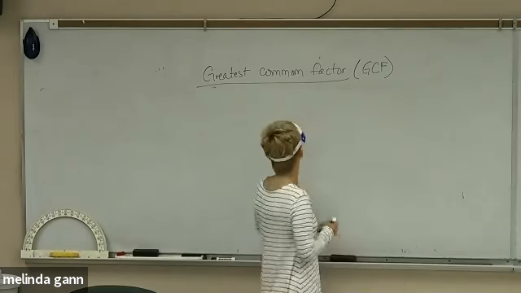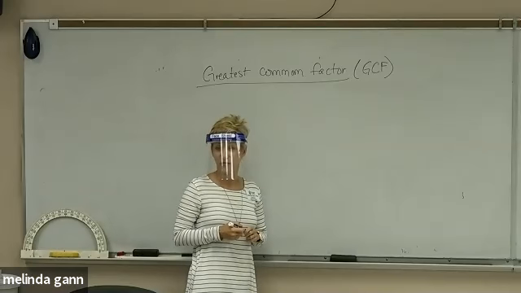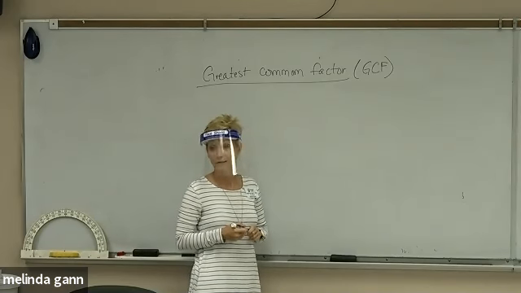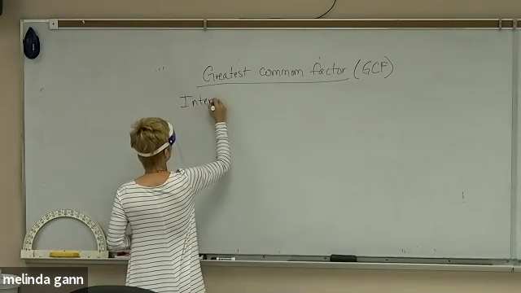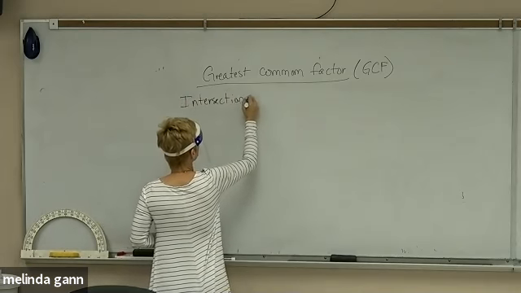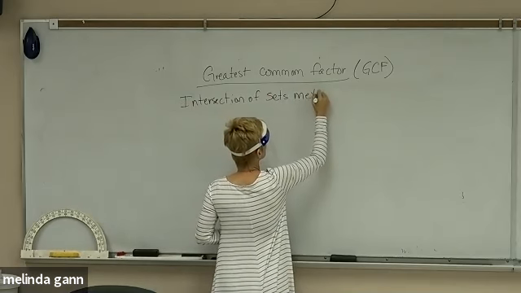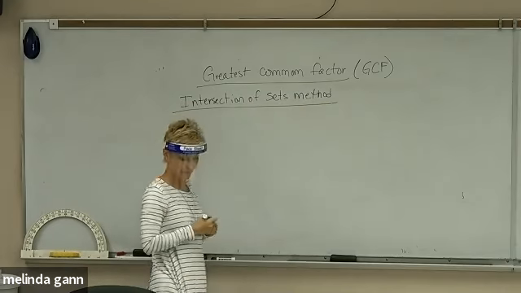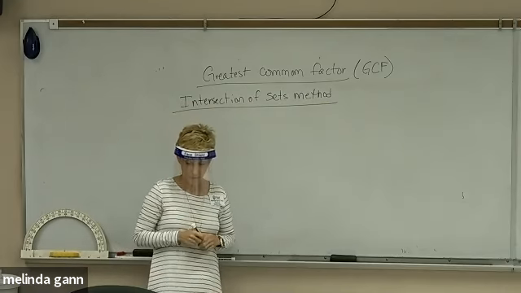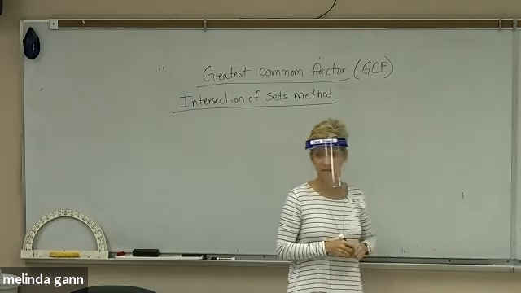Now, guess which method I'm going to use first? Which method do I always end up using first lately? Sets. Okay? This one's going to be called intersection of sets method.